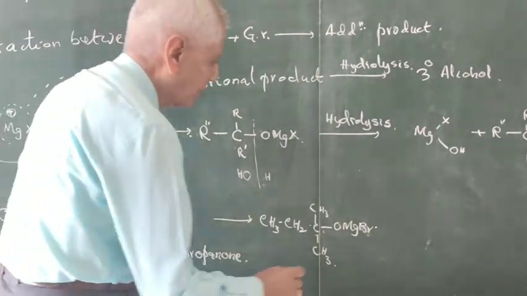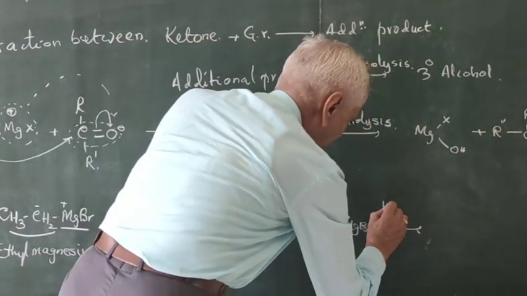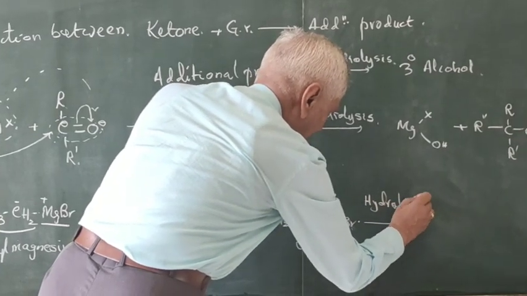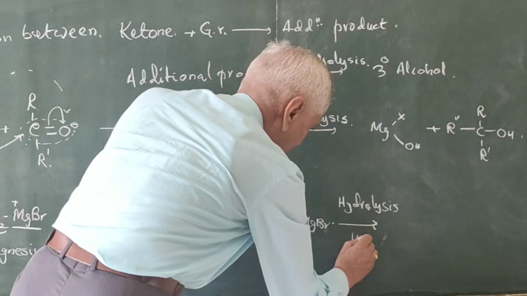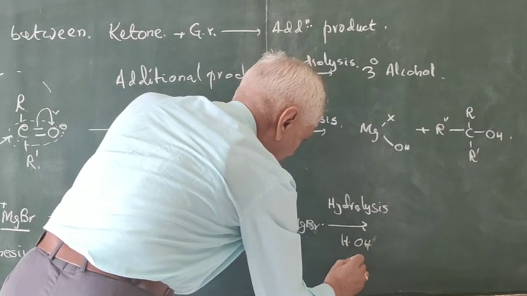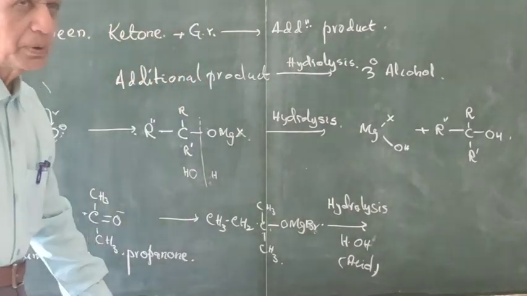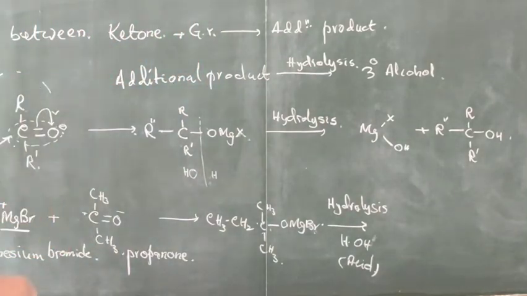And this addition product will undergo hydrolysis. Hydrolysis means, what means of hydrolysis? Reacts with water in presence of acid medium. So the hydrolysis of the OMgBr takes place.